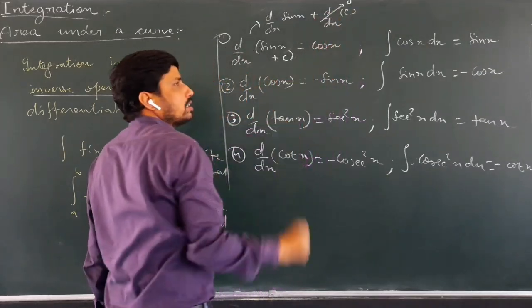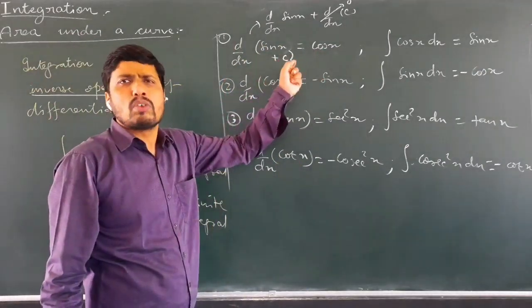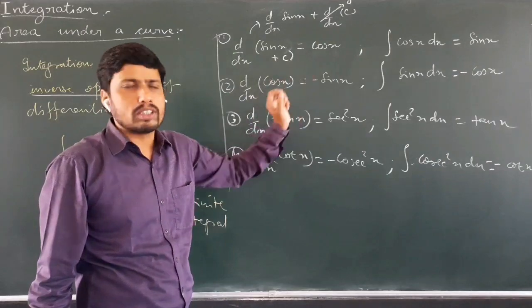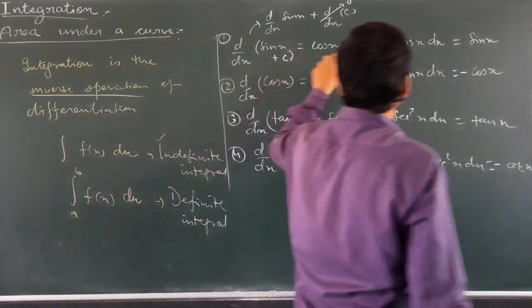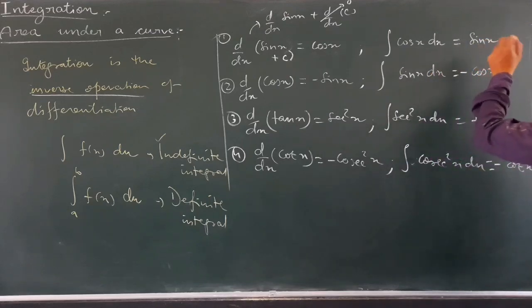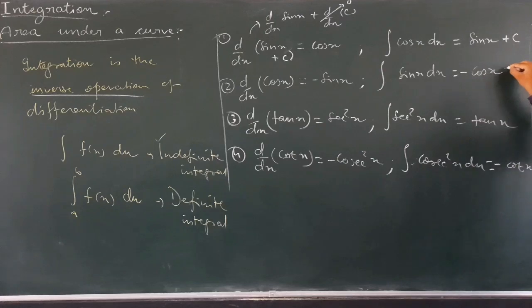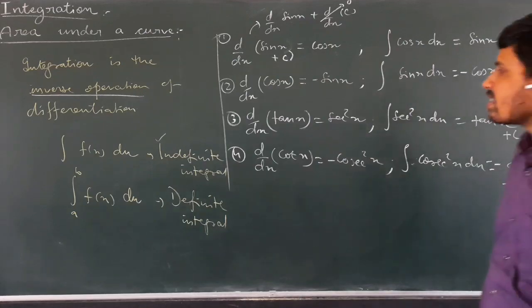So the answer will be cos x. So the derivative of sin x is cos x, and for sin x plus some constant, its derivative is also cos x. Because of this reason, when you write the integral of cos x dx, you can write sin x, you can also write sin x plus some arbitrary constant c. So I will put this c everywhere, where c is some arbitrary constant.